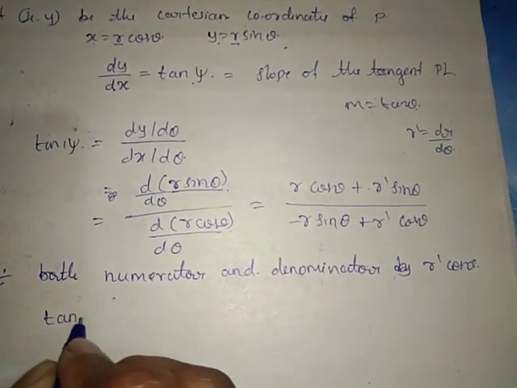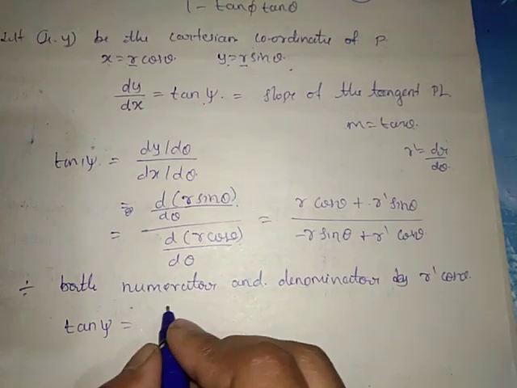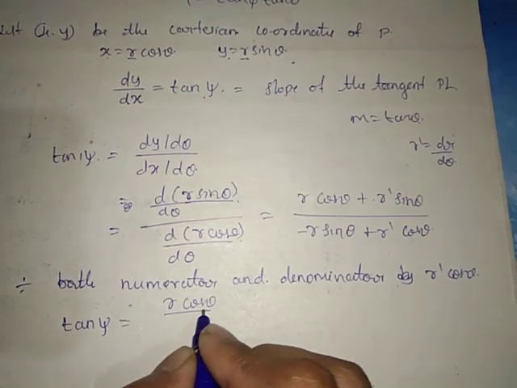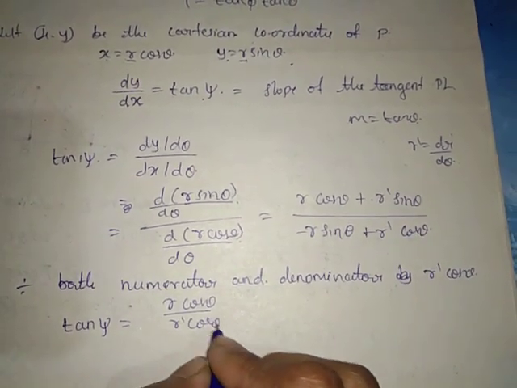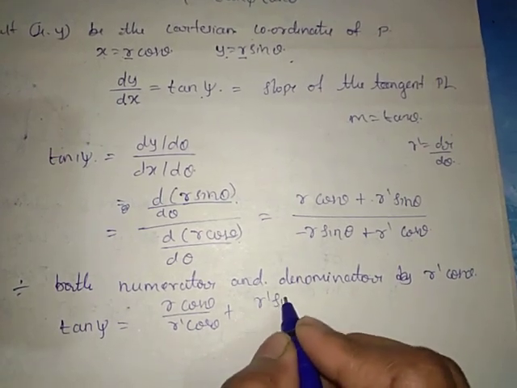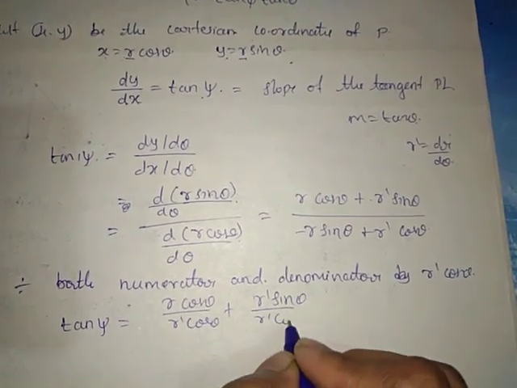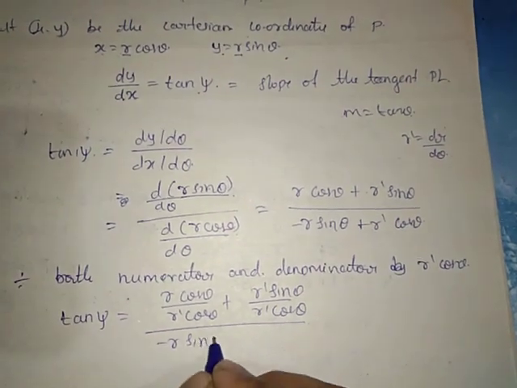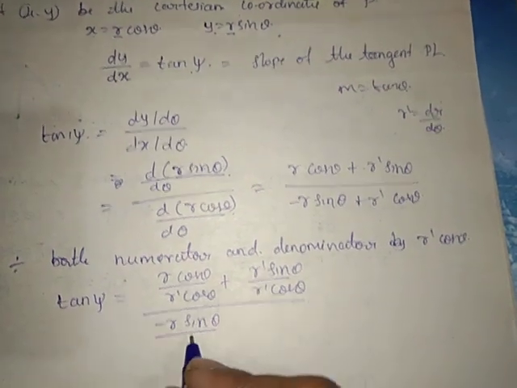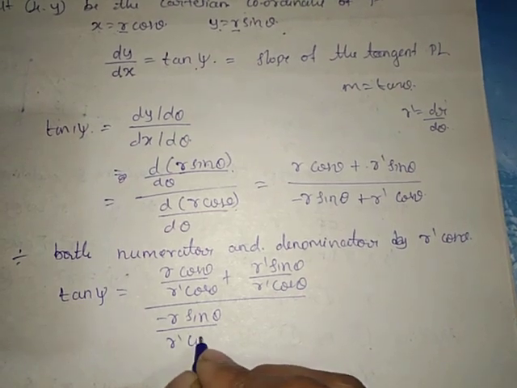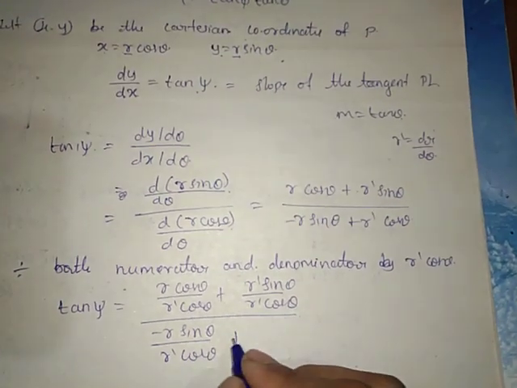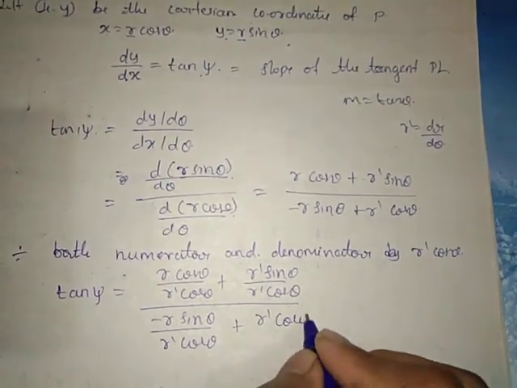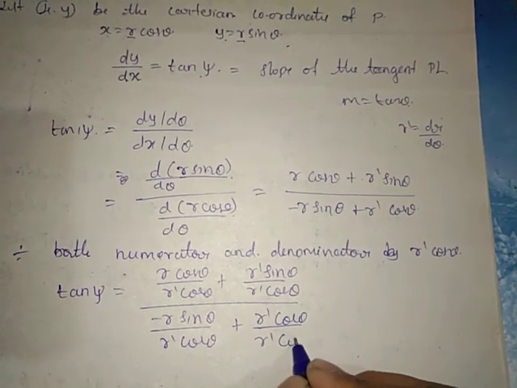We get tan xi equal to r cos theta divided by r dash cos theta plus r dash sin theta divided by r dash cos theta, whole divided by minus r sin theta divided by r dash cos theta plus r dash cos theta divided by r dash cos theta.